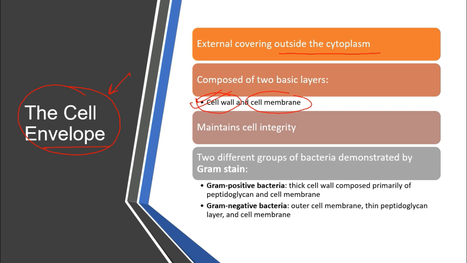They maintain cell integrity. And there are two different groups of bacteria demonstrated by the Gram stain, which helps us find out the presence of a thick or thin cell wall. Those with a very thick cell wall are known as Gram positive bacteria, because it's composed primarily of peptidoglycan as well as the cell membrane, while the other group, with a very thin cell wall, is known as Gram negative bacteria.